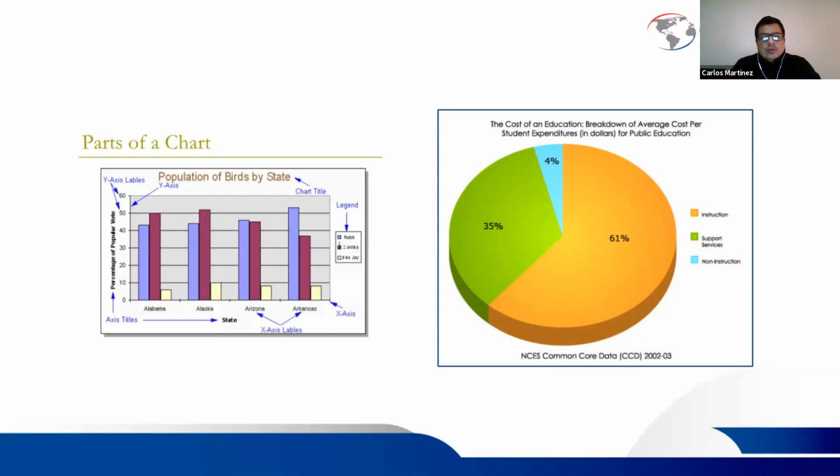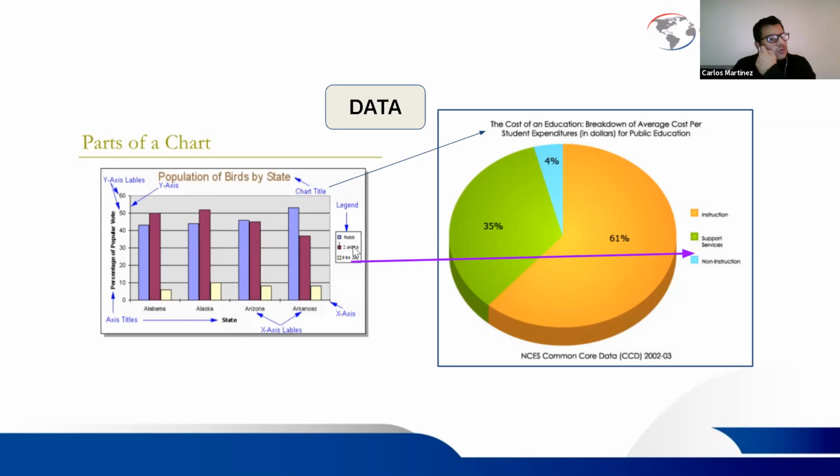Okay. Also, see, you have the title here, title here. Every chart needs a legend. The legend needs to tell you what you're looking at. For example, here, the purple bar represents certain information, robins. Another bar represents some more information, and the cream colored bar represents another bird. So each bar represents a different bird according to this legend.